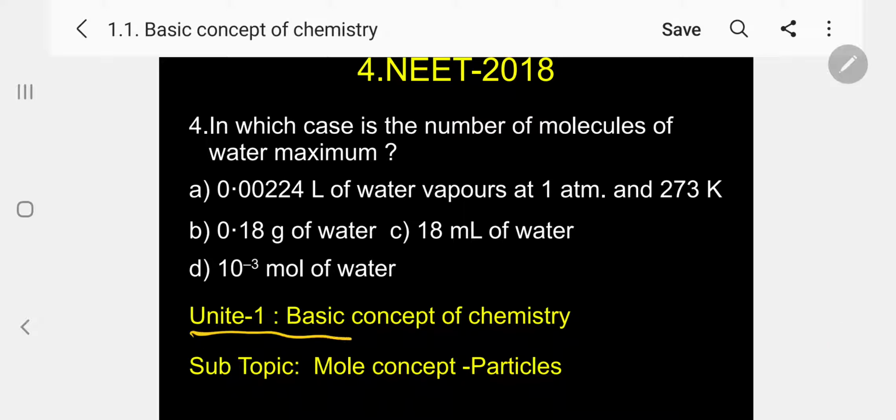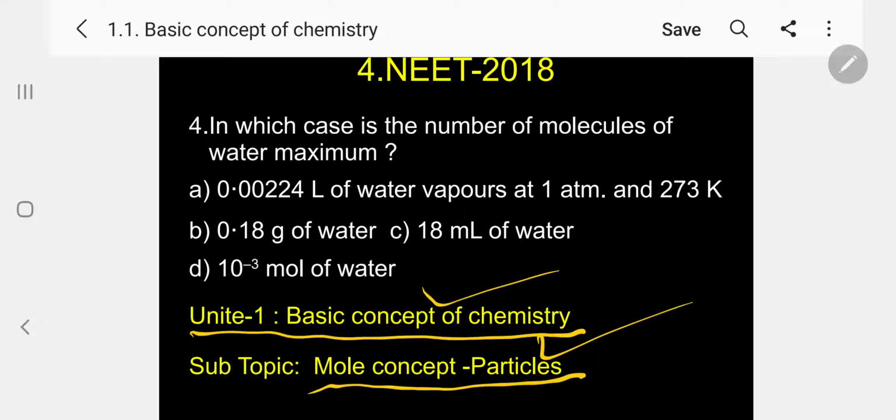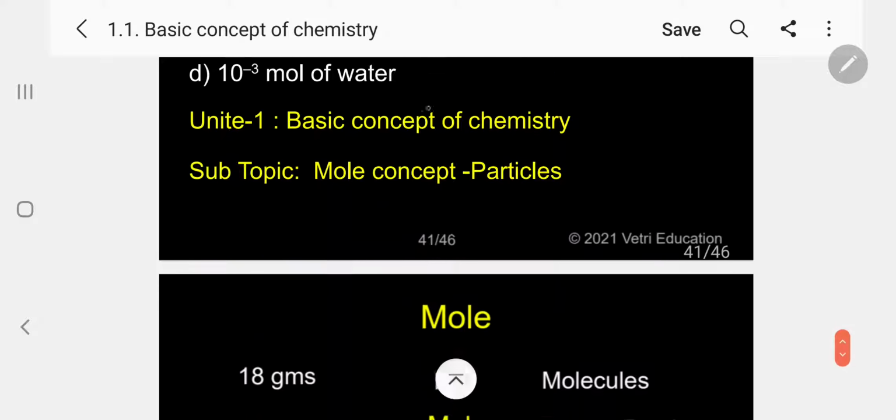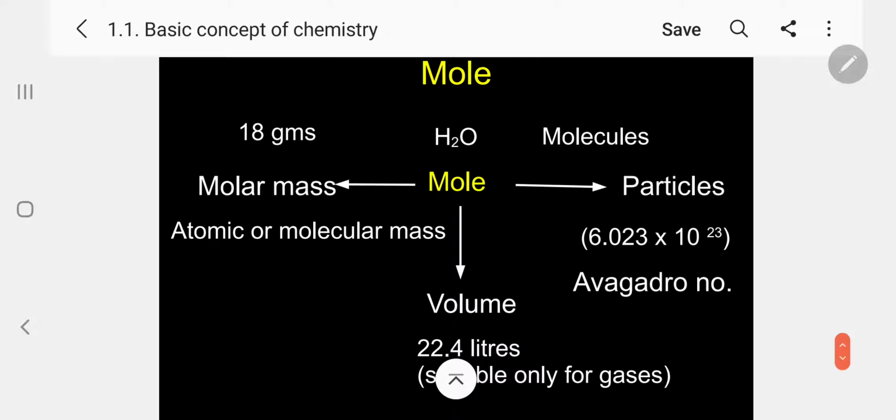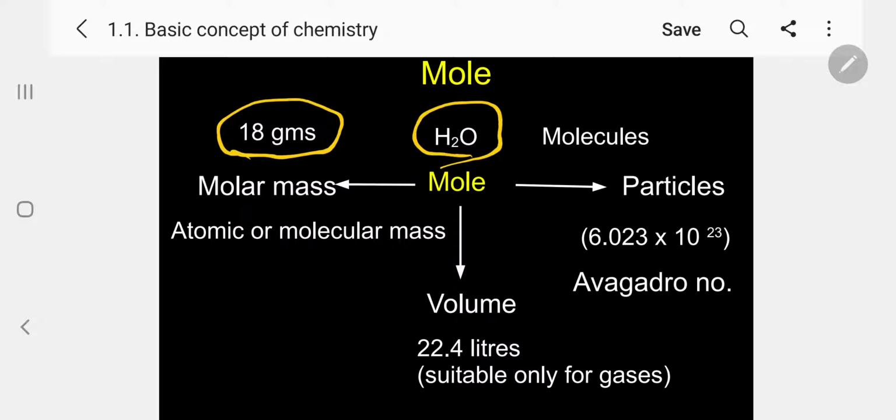As usual, the basic concept of chemistry is the question asked, and the topic is mole concept. So we have to calculate particles. Please follow in order to understand. This is the most important information you must know. Kindly follow. Water is the given substance, so the molar mass is 18 gram, the molecular weight. The particle is molecules. Please follow. How much?